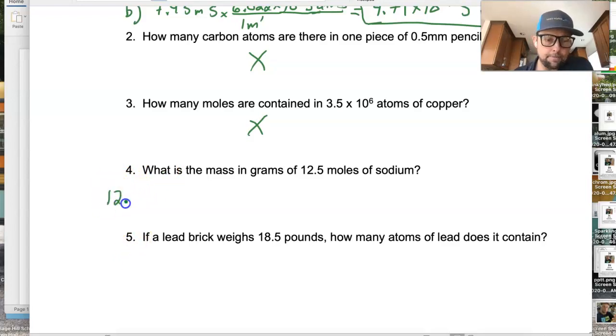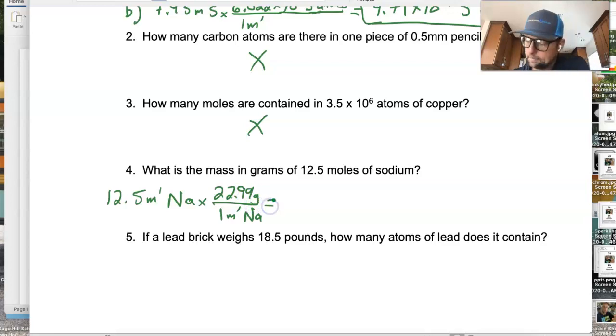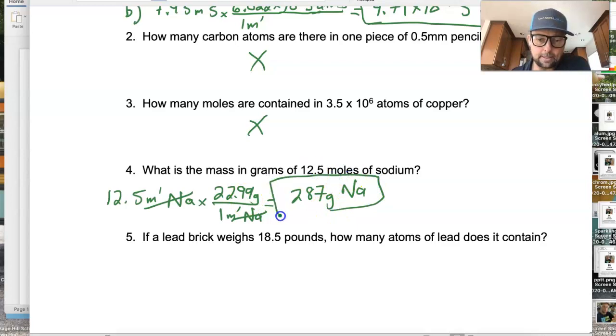If we have 12.5 moles of sodium, and sodium weighs, on your periodic table, put 1 mole of sodium on the bottom, 22.99 grams on the top. I got 287. And remember, using dimensional analysis, we always want our units to cancel and make sure our final answer is in the units that were left on top.